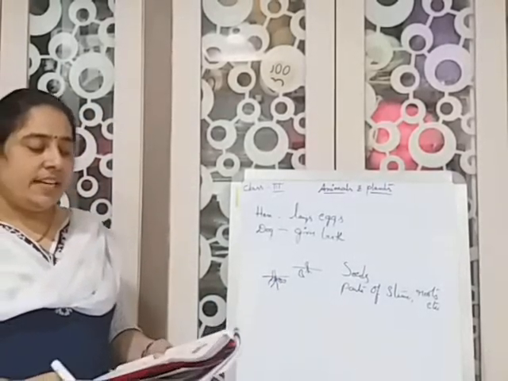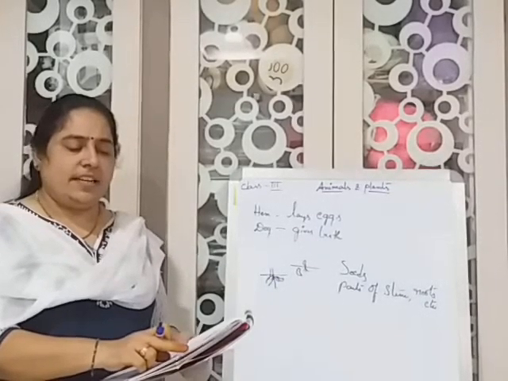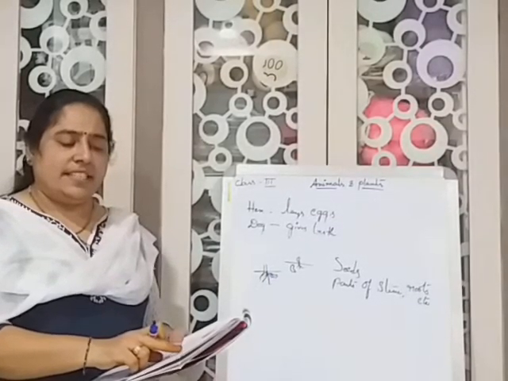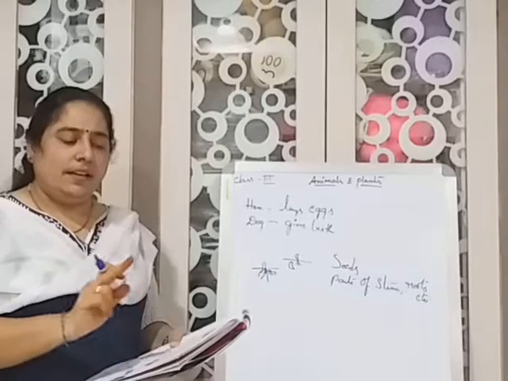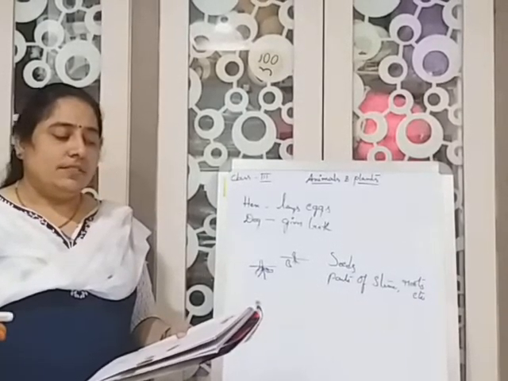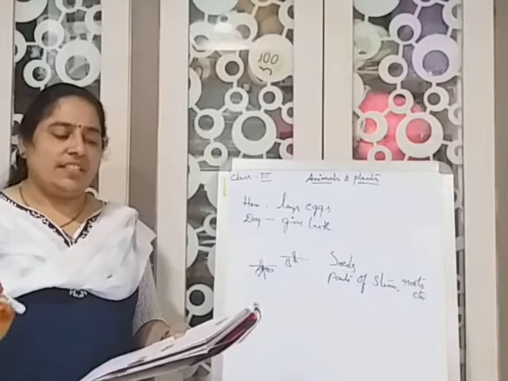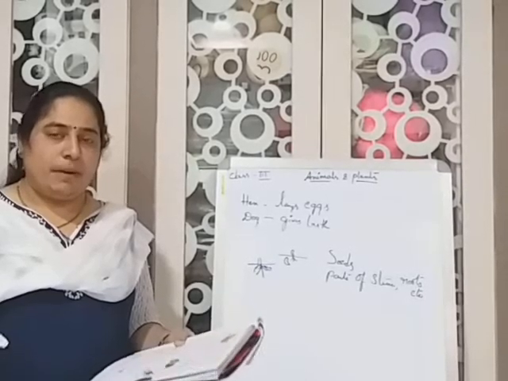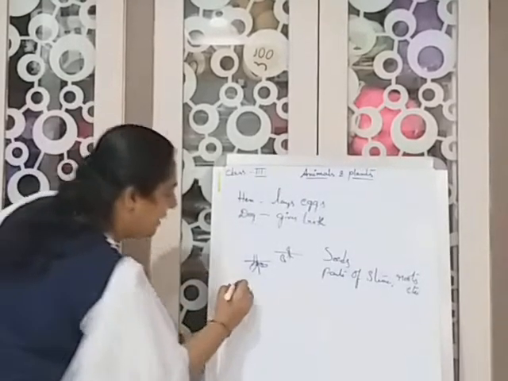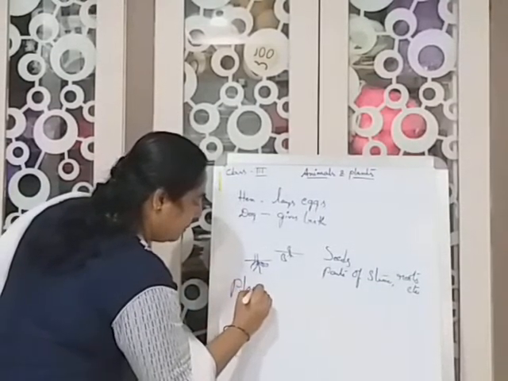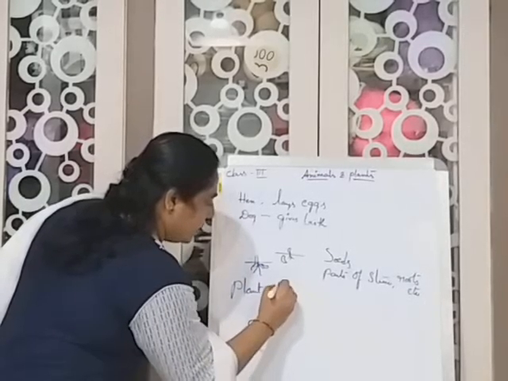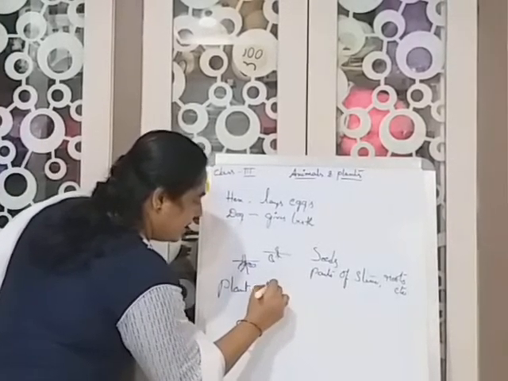There should be just enough plants, just enough plant-eating animals and just enough flesh-eating animals in the world. What are plant-eating animals? Say, children.